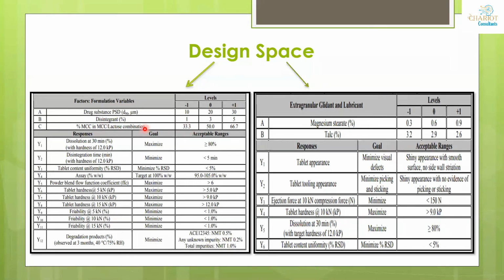In terms of percent MCC, one is 33, in which you are using less MCC. One is 50-50, where you are using the same ratio of MCC and lactose, and in one case you are using a higher quantity of MCC. So these are formulation variables, these are levels that you are using.